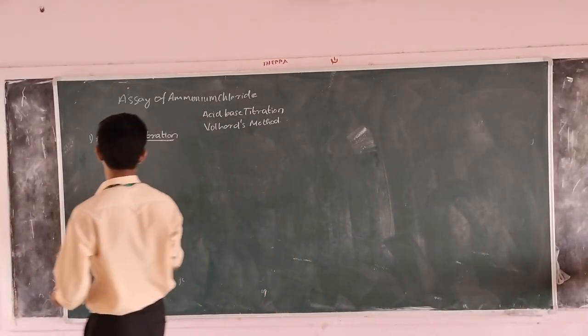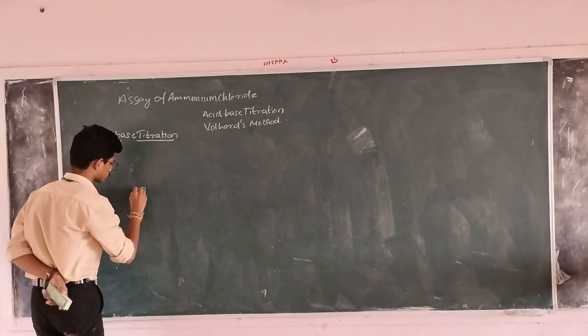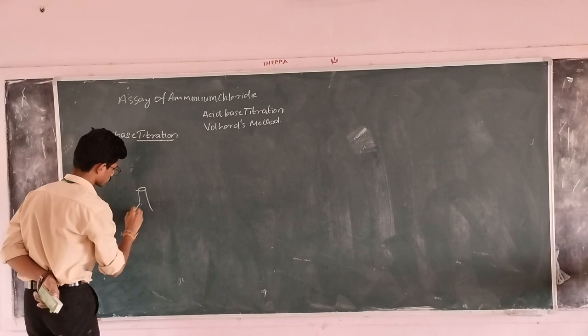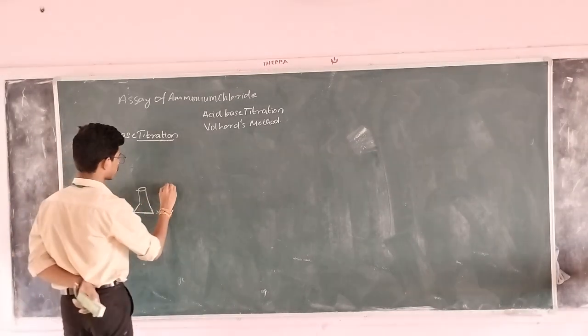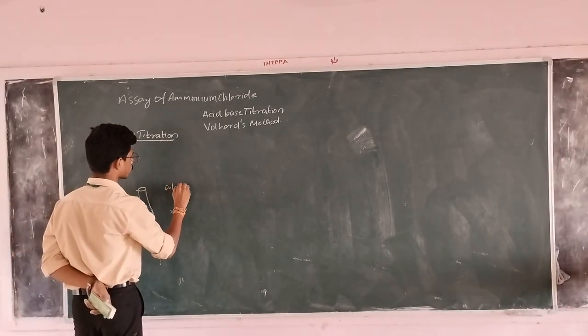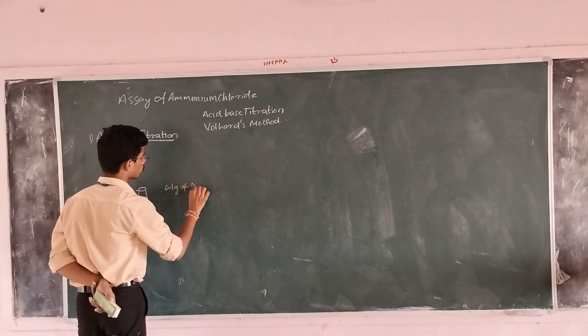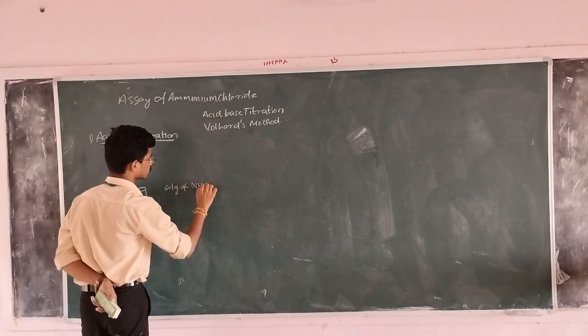First we take in a conical flask 0.1 gram of ammonium chloride sample.